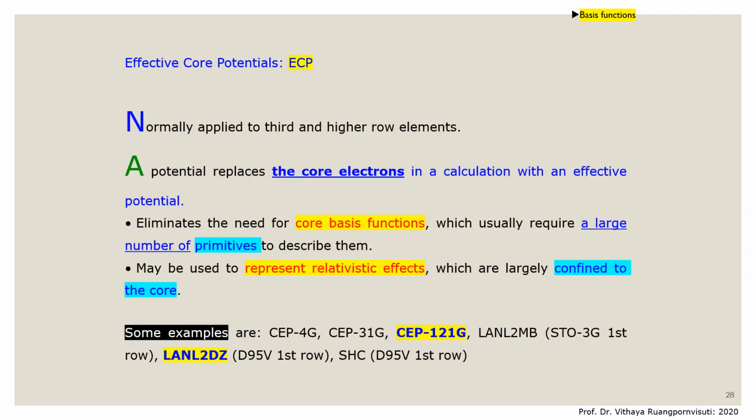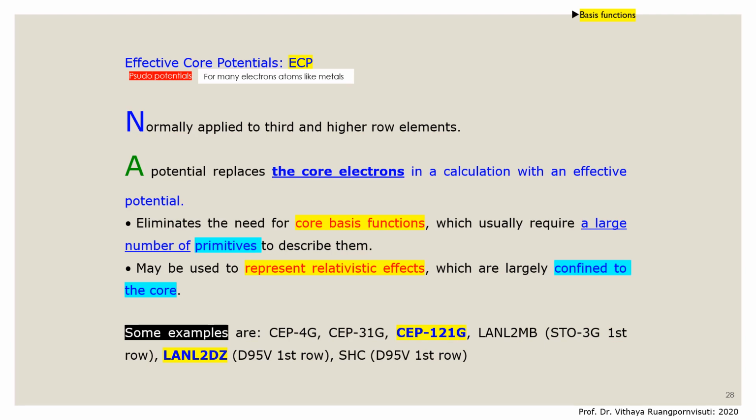The effective core potentials, denoted by ECP, or pseudopotentials, are used for many-electron atoms like metals. They are normally applied to third-row and higher elements.